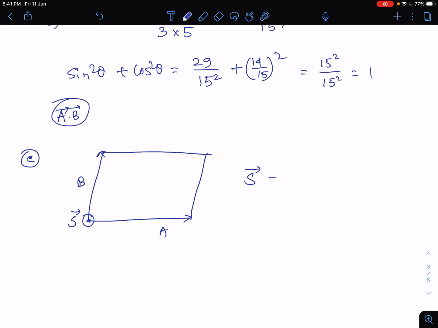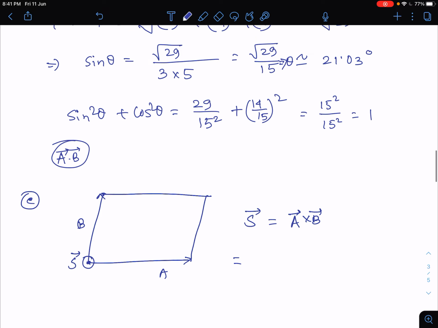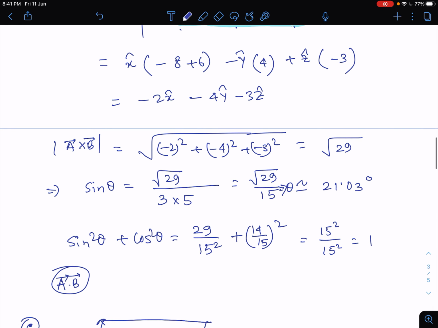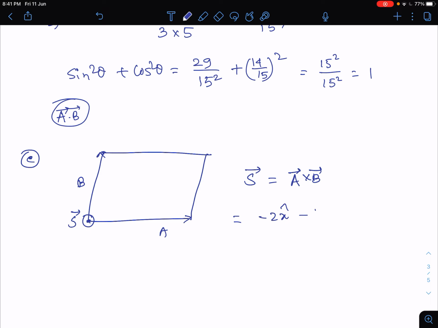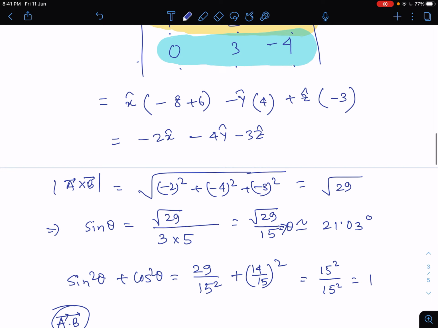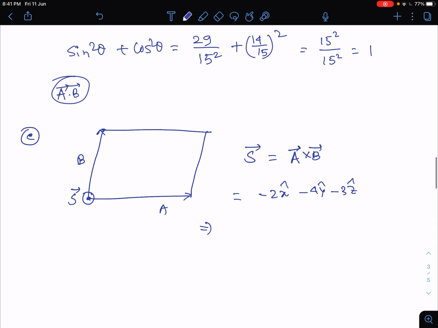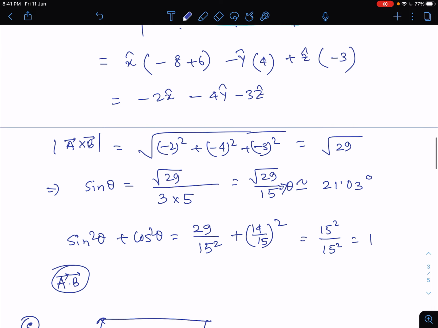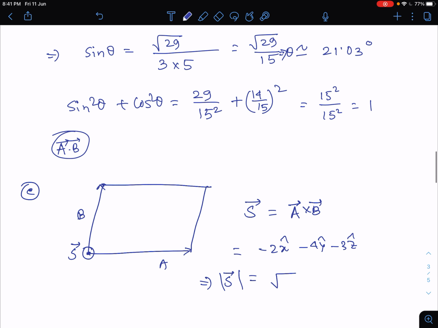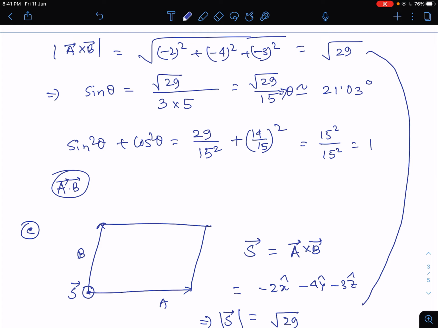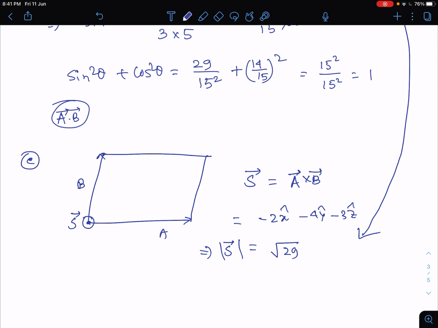So the area vector S is defined by A cross B, that we have already seen. In the previous part you computed A cross B, which is minus 2x minus 4y minus 3z, right? Now if you calculate the area, that is mod of S, we have already calculated that, it is root over 29. So area is root over 29 unit square. In this way you need to solve this kind of problem.